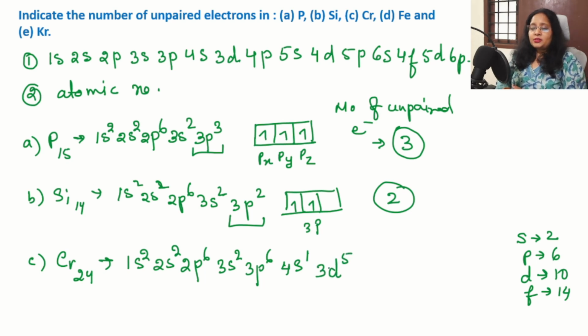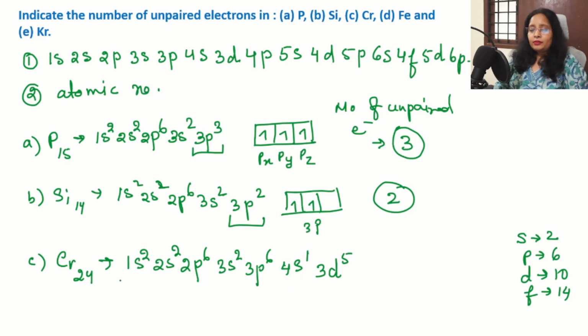So here the exception is, although the electrons are moving to 3d, before that 4s is only taking 1 electron. In normal cases, first we fill the 4s2, then we move to 3d. This is the exception here. 4s will carry only 1 electron.